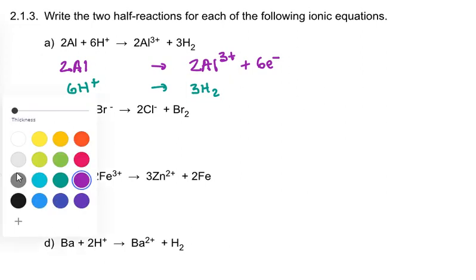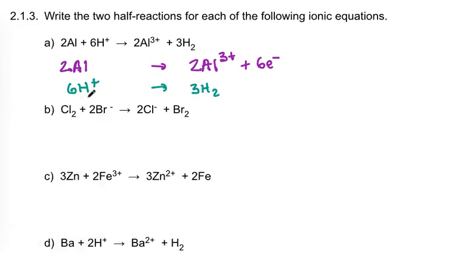And for the hydrogen, we start with plus 6 charge on the left. We go down to 0, so to balance this one, we would need to have 6 electrons on the left side. So these are what we call the two half reactions that come from this reaction. We have one where aluminum is losing electrons, meaning it's getting oxidized.